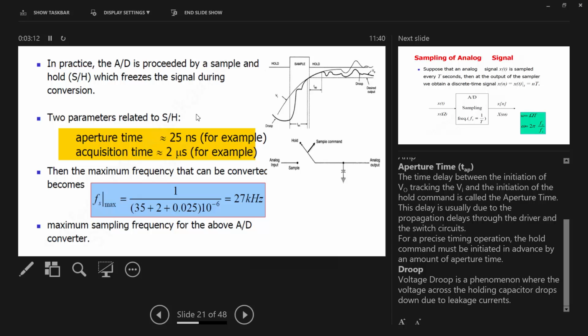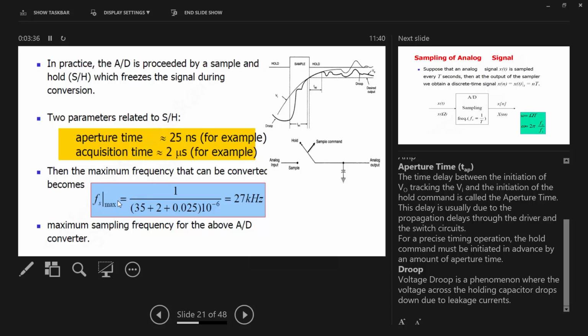Now, what I am trying to calculate is that with sample and hold, you cannot choose any sampling frequency. Depending on the operations and the functioning of the sample and hold circuit, you will have to decide the sampling frequency, the opening and closing of the switch and the holding action, because there are some limitations of the physical components.